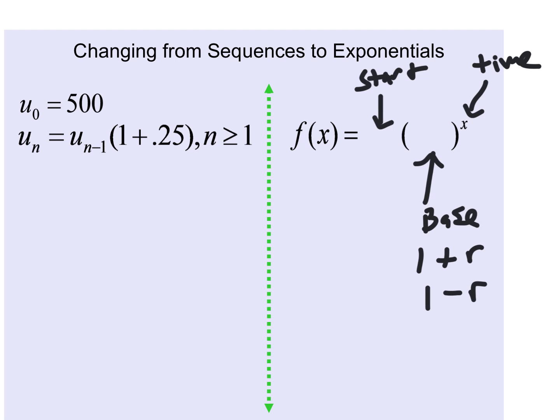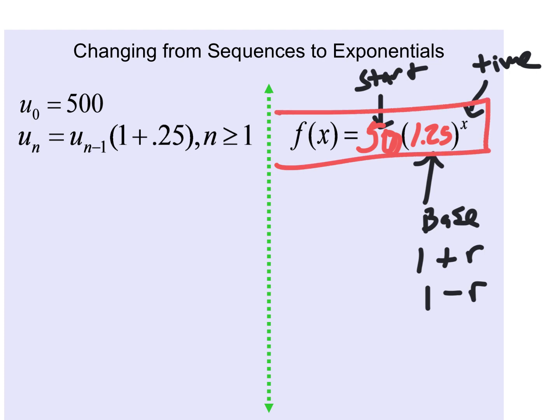They don't tell me a time in this situation. Catherine, what do you think they started with? 500. Correct. The number on the inside, Max? 1.25. Correct. If you put 1 plus 0.25, I'd be good with that too. And they did not tell me the time, so I leave that alone. So here's my answer. And if you tell me a time, I can tell you how much I have.